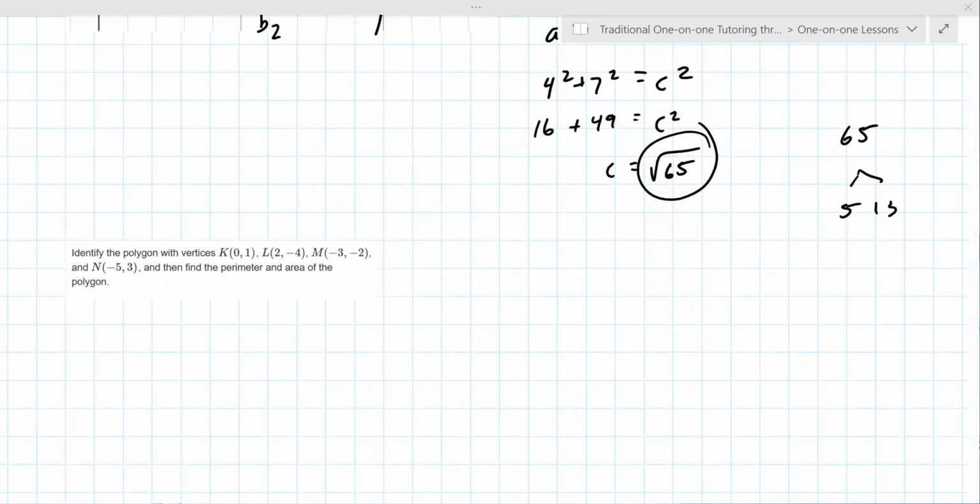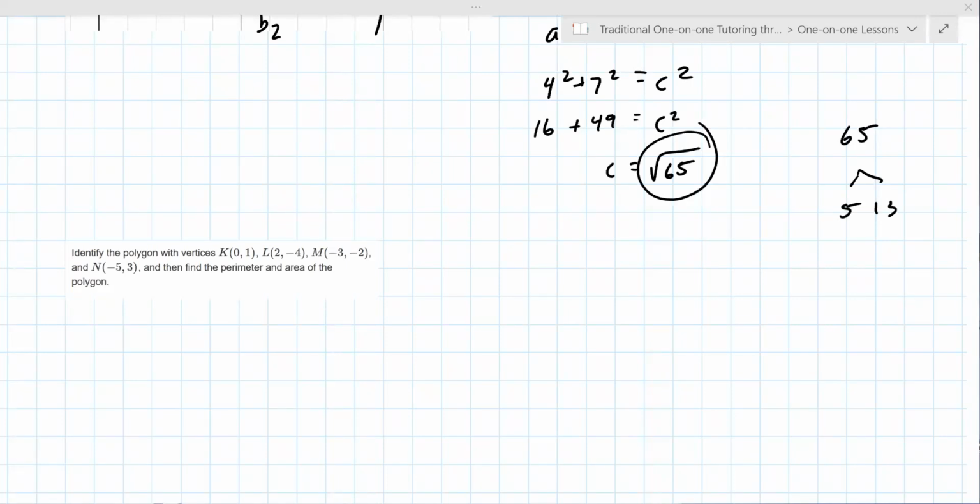2 comma -4. -3, -2. And -5 comma 3. All right, so this one may be a rhombus.